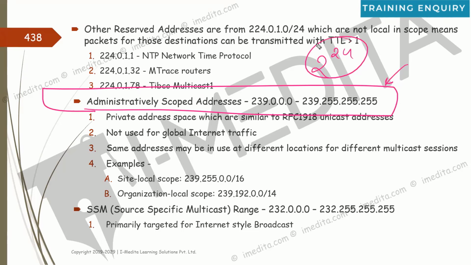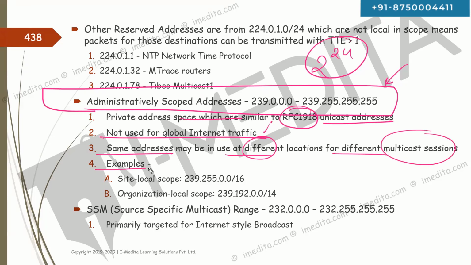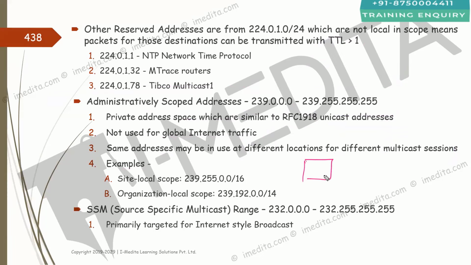Administratively scoped addresses, the 239 range, is for private use. Private addresses, similar to the IPv4 private unicast addresses that we have. These are not for global internet traffic. The same addresses may be used in different locations for multicast sessions. So for example, in a specific site, if you want to do multicasting, we can use this range.